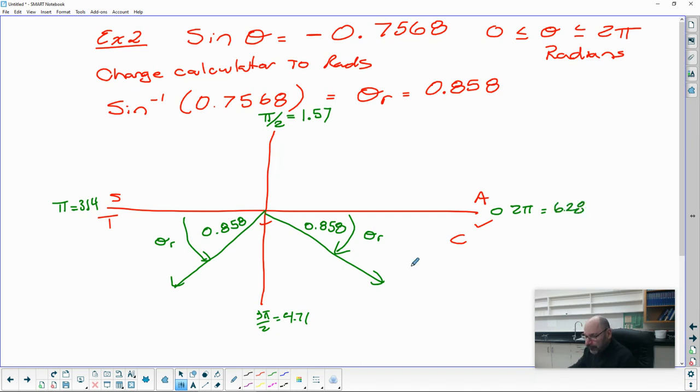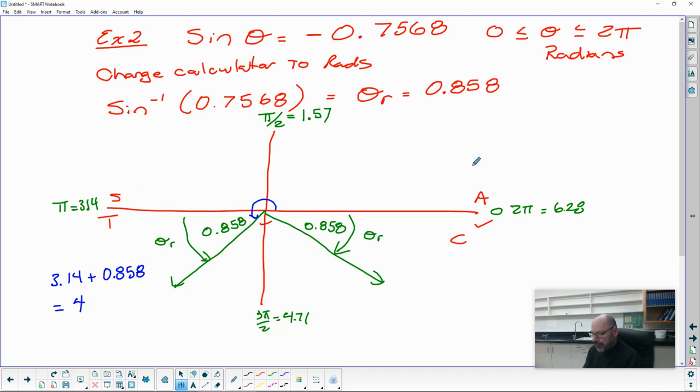So now we can say that this angle here, which we'll do in blue, our first standard angle, we go all the way around. So we take 3.14 and add 0.858. That gives us our first measurement in radians. 3.14 plus 0.858, I get 3.998, so we'll say 4.